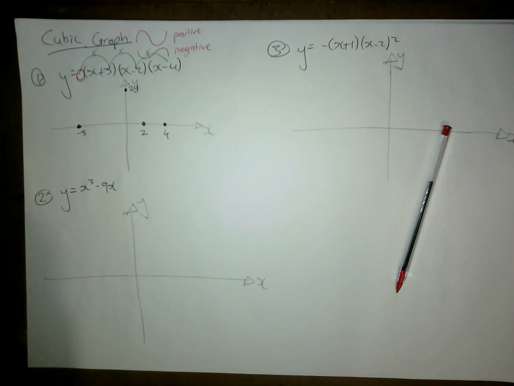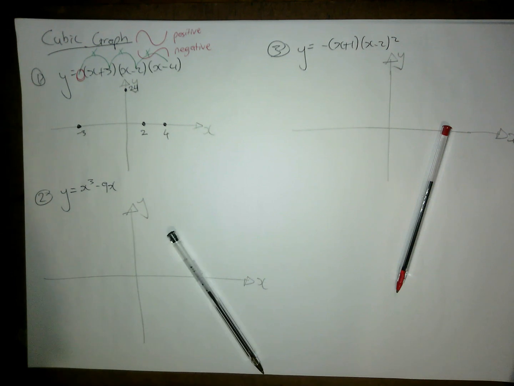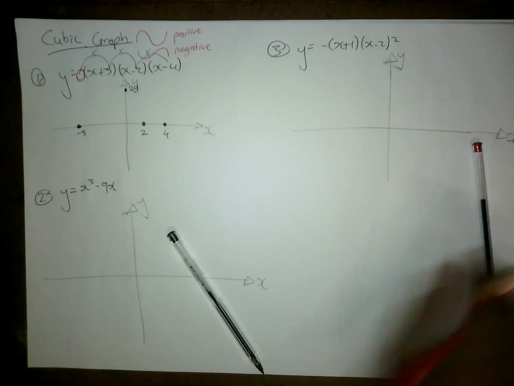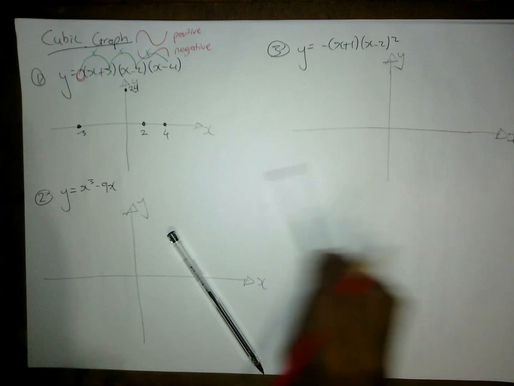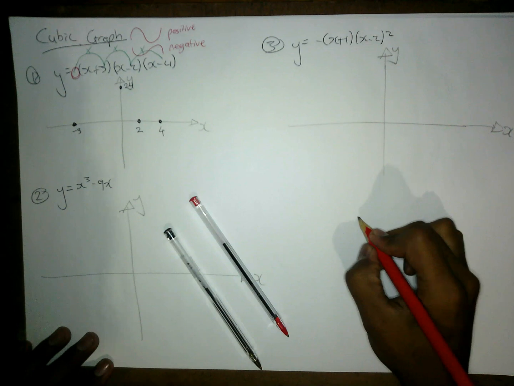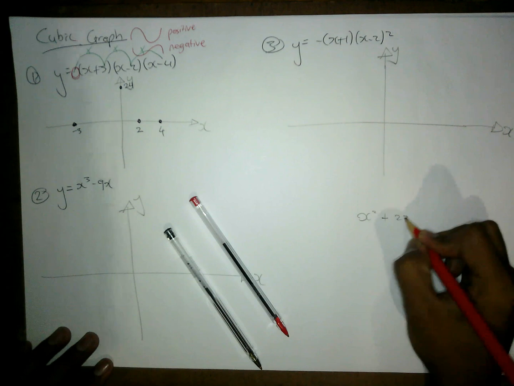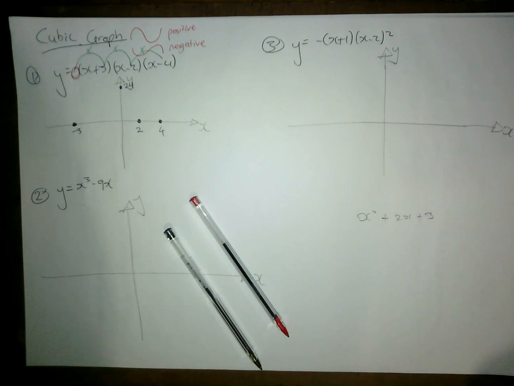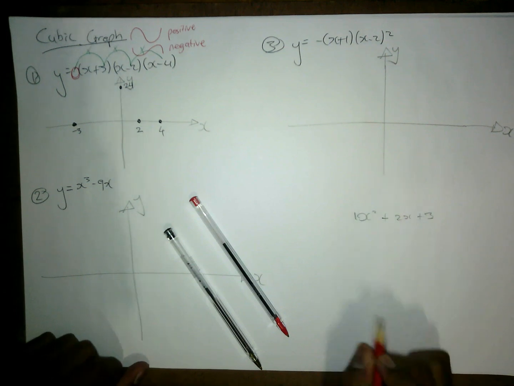Now, you must know it's a 1, because it's the very same thing as when we say x squared plus 2x plus 3. We're supposed to know by now that there's a 1 there actually.